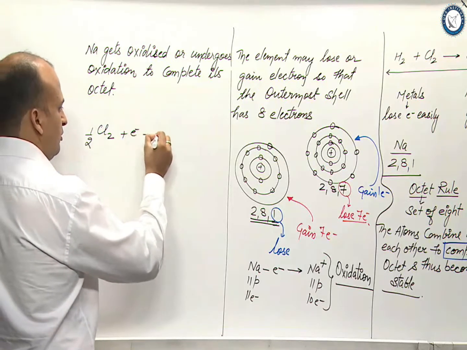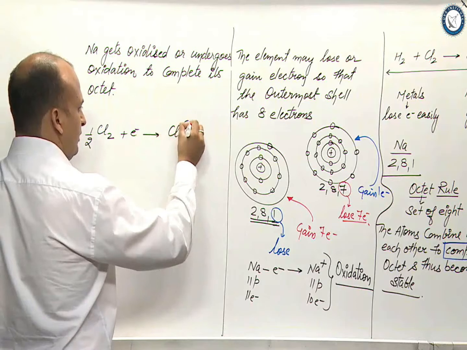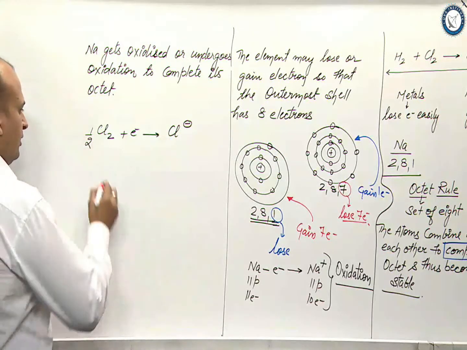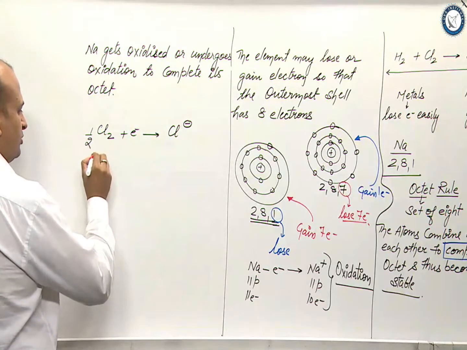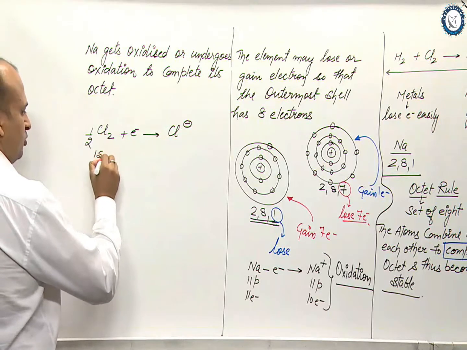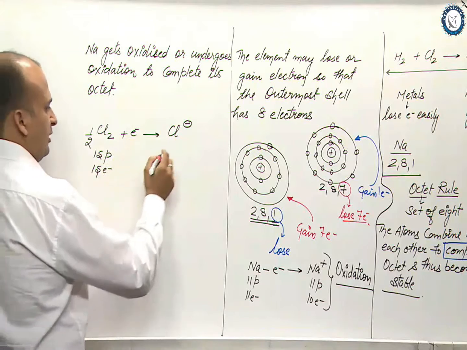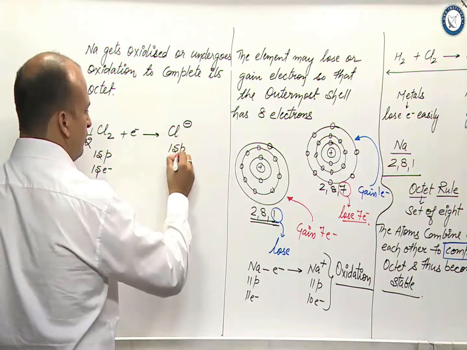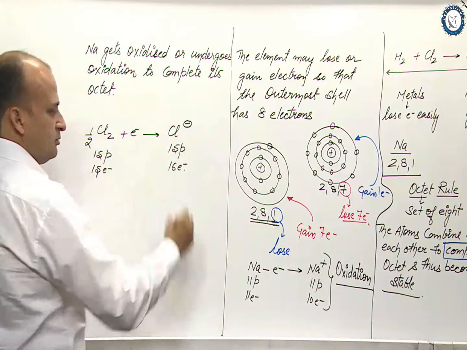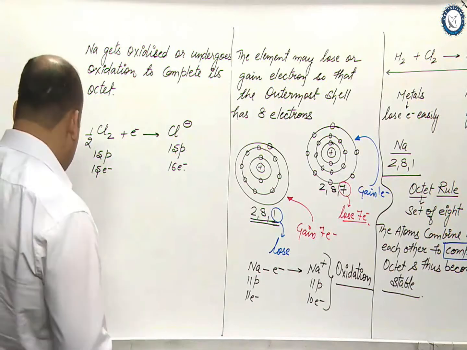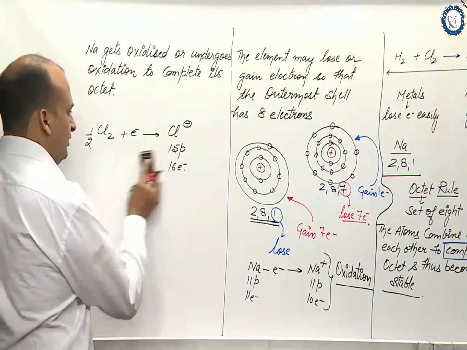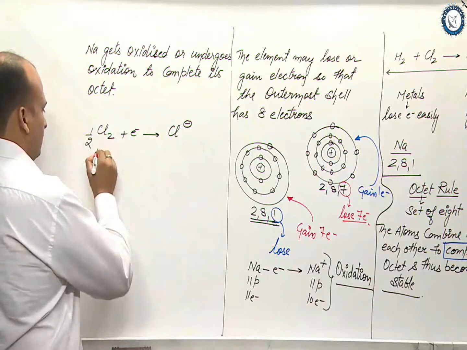Gains 1 electron, becomes Cl negative. Okay, now 1 atom of chlorine has got 17 protons and 17 electrons. Sorry, I wrote 15, it should be 17, my mistake.